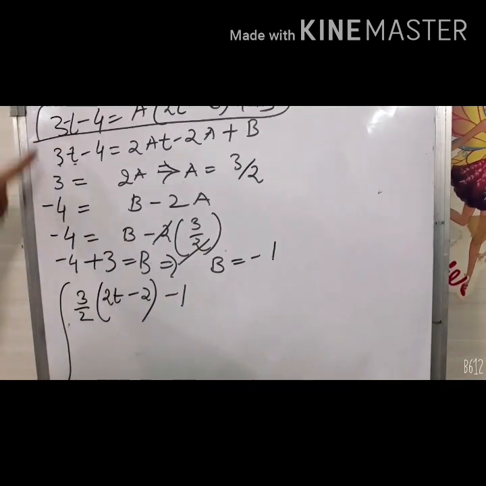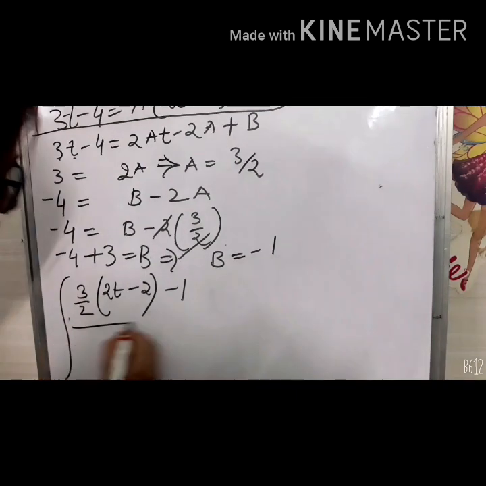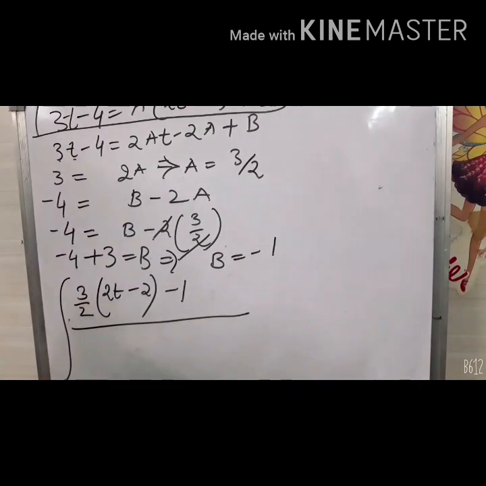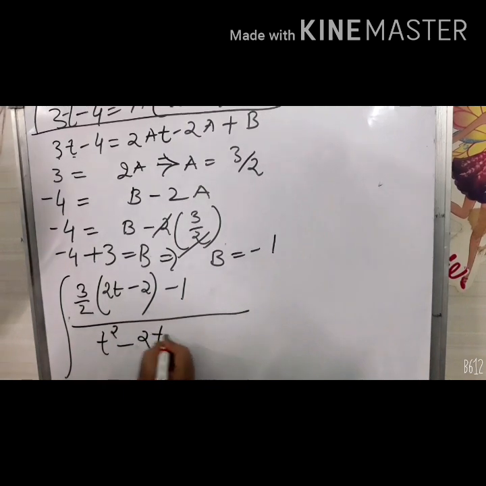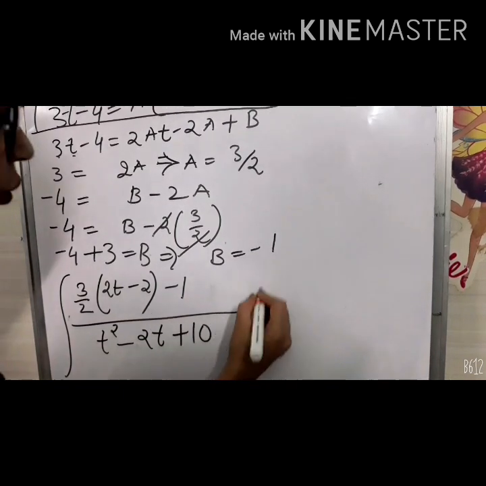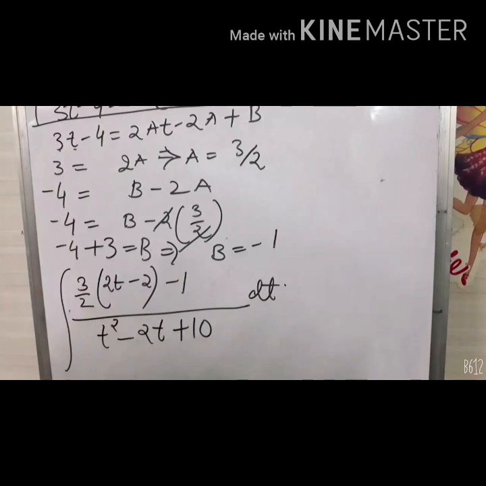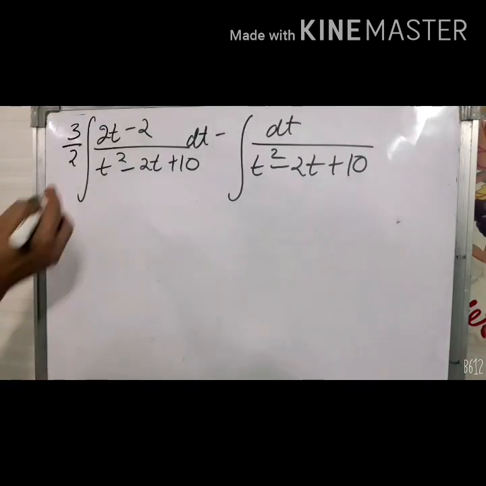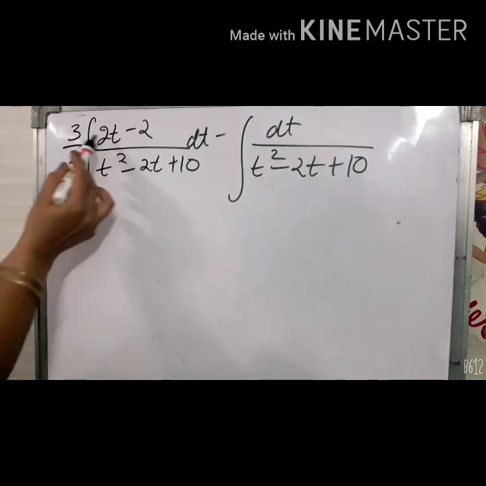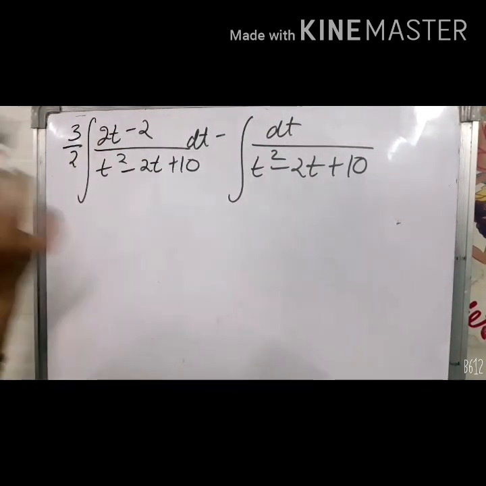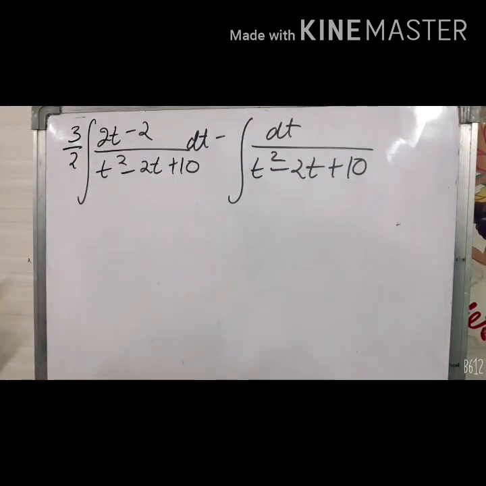If you solve it, naturally you will get this one only. Now the down part is t square minus 2t plus 10 into dt. Now what I did, I separated 3 by 2, (2t minus 2) by the denominator, and minus 1 that was there. So I put it like this.